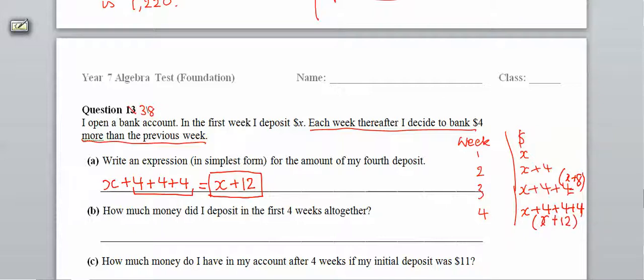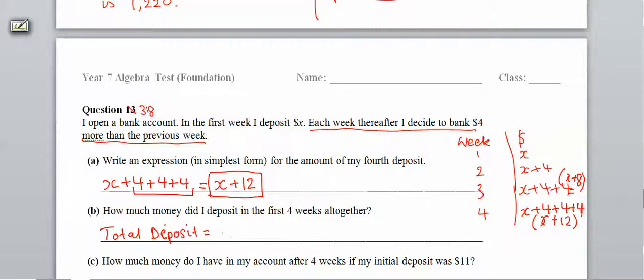Okay. So, how much money did I deposit in the first 4 weeks? So we want to know the total deposit. So we can start with this. Deposit. And what we do is we just add all the deposits from each week.